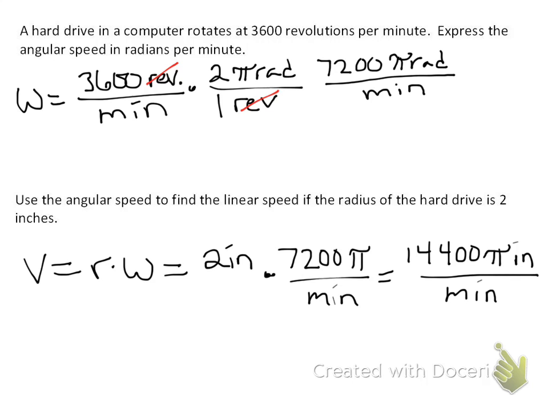So that's our first answer. What's our second answer? Times it by pi. And we get 45,238.93 inches per minute.